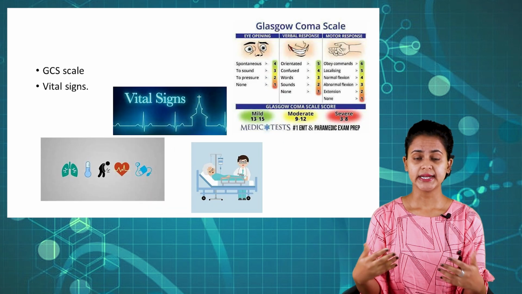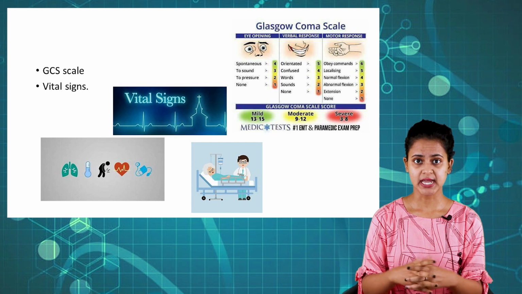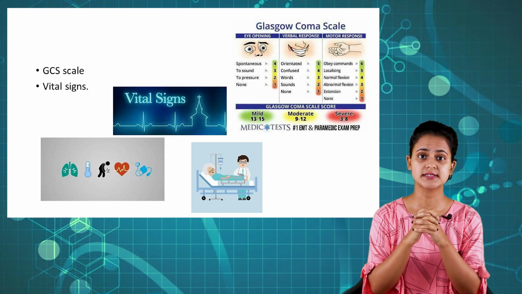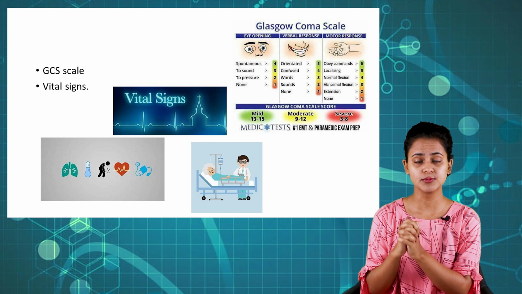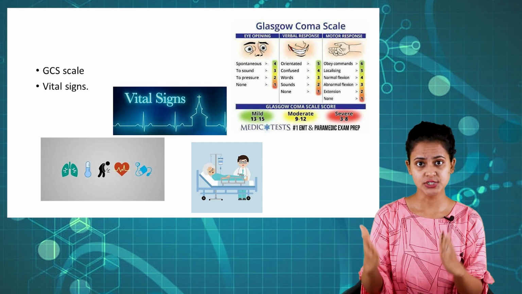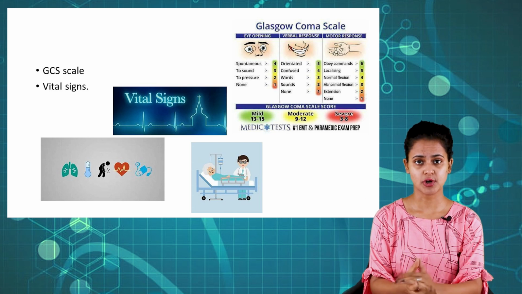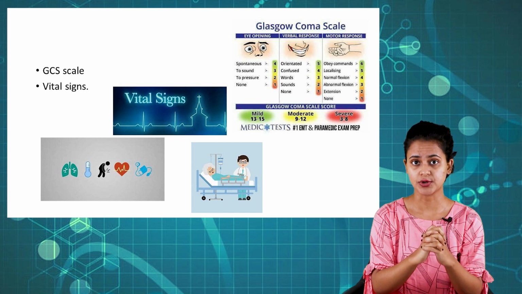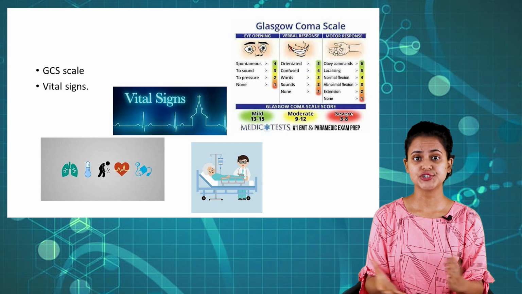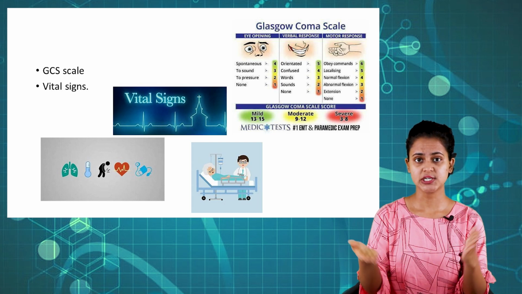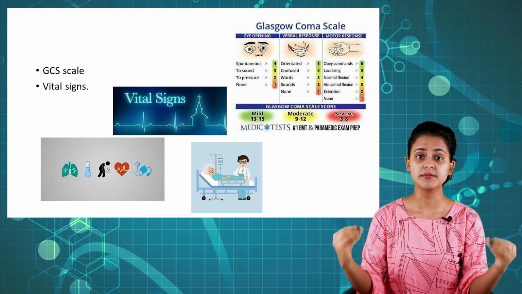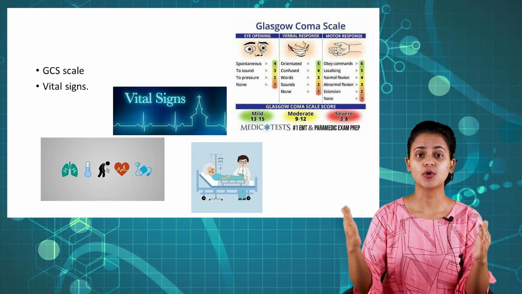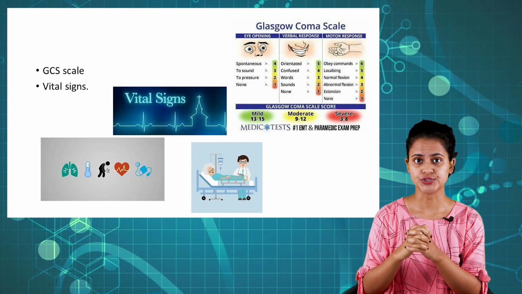GCS scoring and vital signs monitoring at regular intervals, and continuous hemodynamic status monitoring, should be ensured by a nurse in order to manage the client with unconsciousness. As I have mentioned, these are the primary responsibilities of nurses in order to manage the client with unconsciousness.